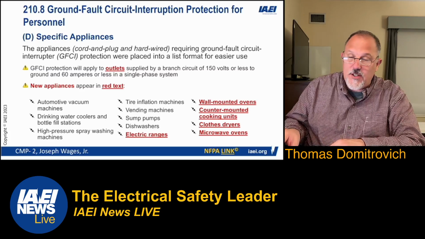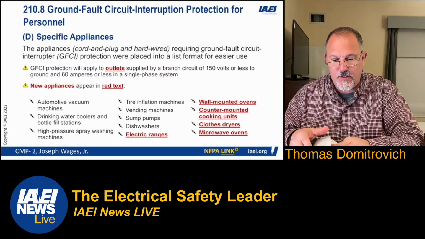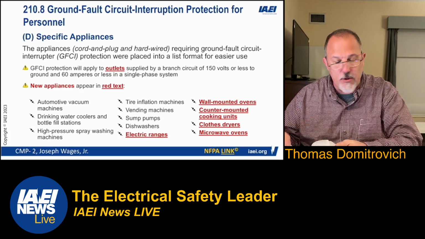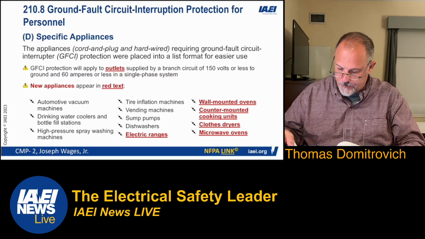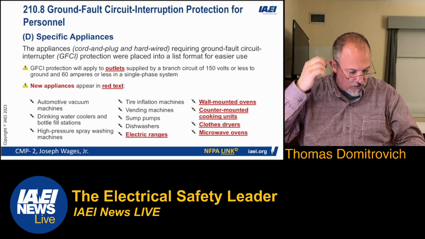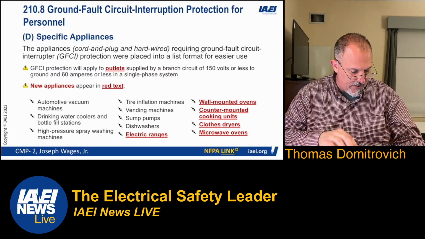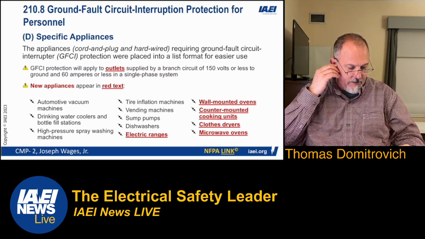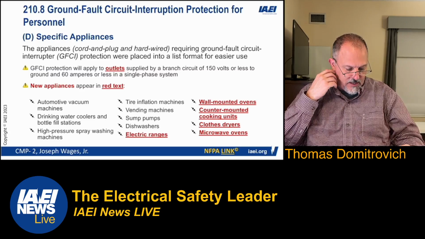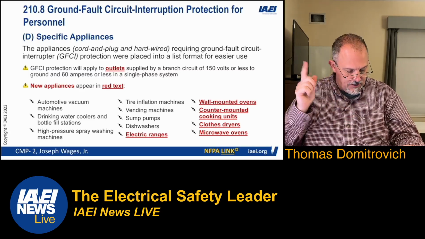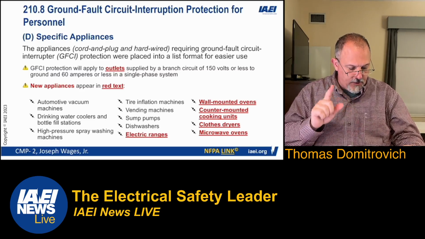Now, in 422, if you go back to 422, and this is the debate between 422 and 210.8. In 422, they have GFCI requirements in 422.5. It says appliances identified in A1 through 7, 150 volts or less to ground and 60 amps or less, single or three-phase.